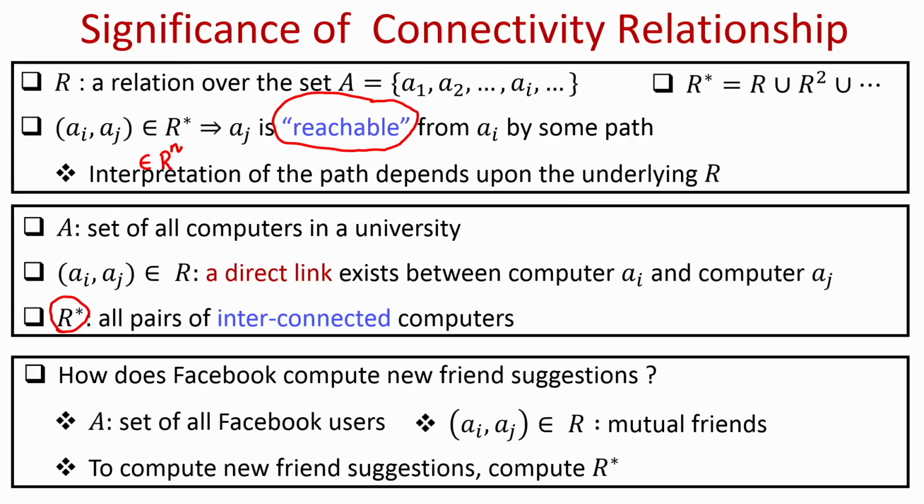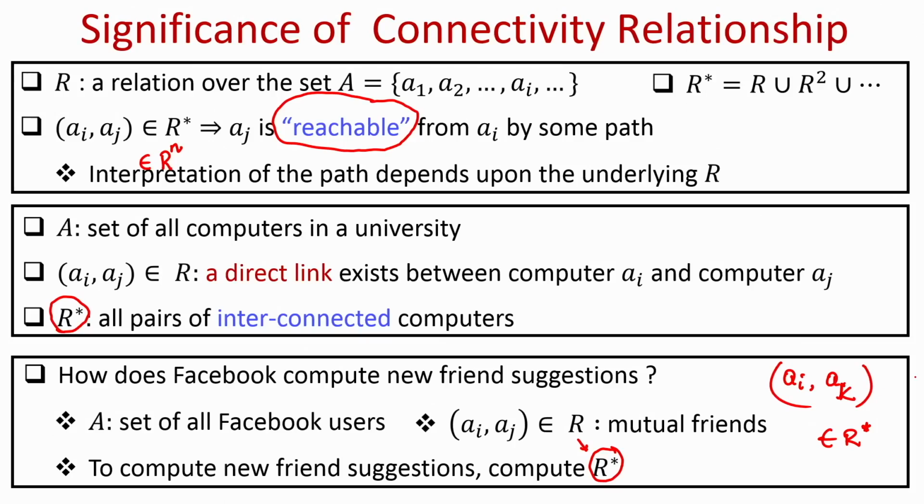Okay. Now, if you take the relation R star with respect to this R, namely the connectivity relationship defined over the relation R over the Facebook users, then if you have A_i related to A_k in the relation R star, that means there is a sequence of intermediate Facebook users such that A_i is related to the first user, then the first user is related to the second user and so on, and the second last user is related to A_k.